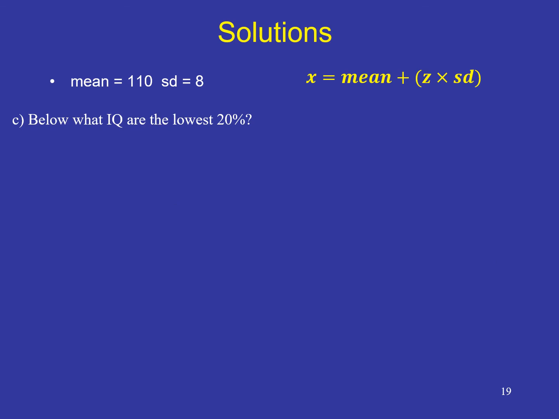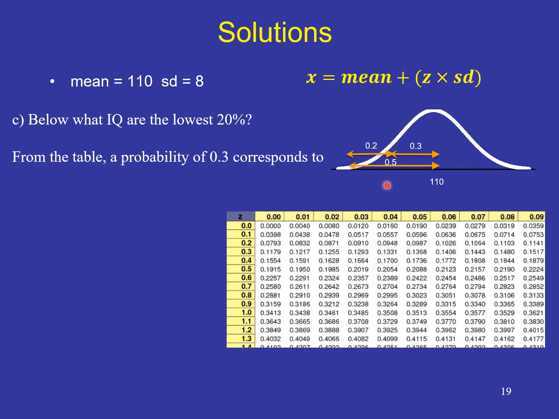Part C, below what IQ are the lowest 20%? From our picture, this is the probability we're given. We want to find the IQ value here. So we need to look up 0.3 inside our tables. The closest value to 0.3 is 0.2995.